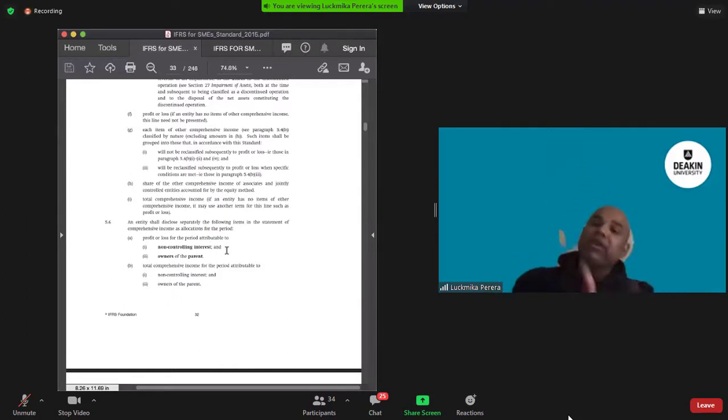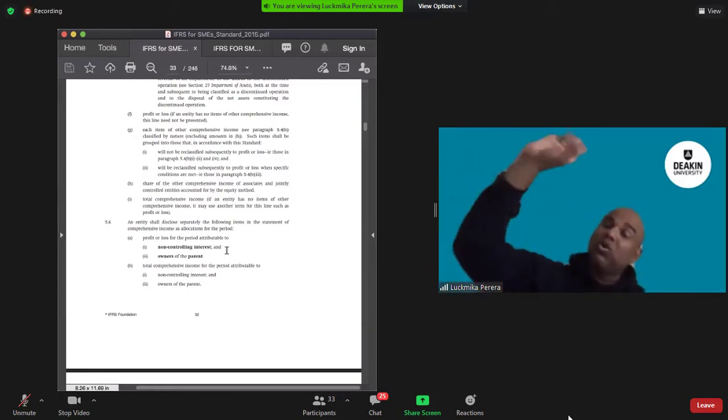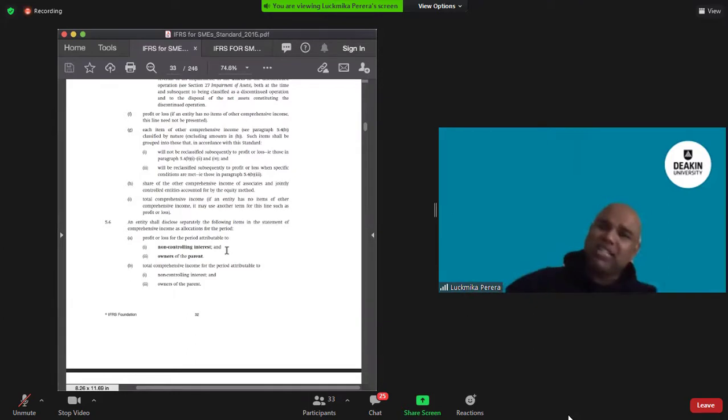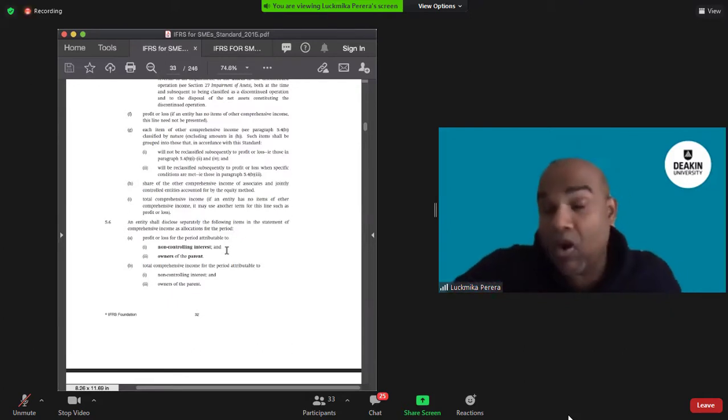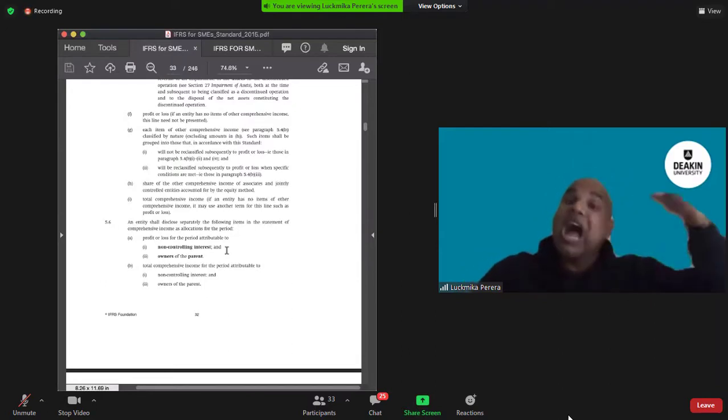So it's everything. Any income or expense, either the parent company or subsidiary, is incorporated. So in SMEs, the subsidiary aspect is very low. So you won't have as many subsidiaries, but in some cases there are organizations which have subsidiaries and are SMEs, but they are called large SMEs.